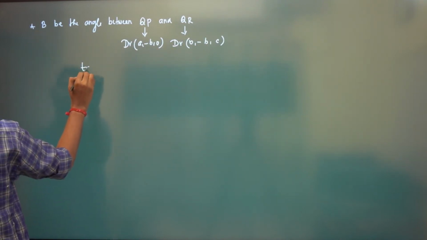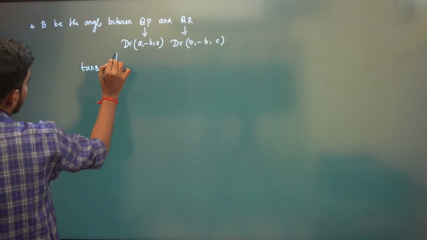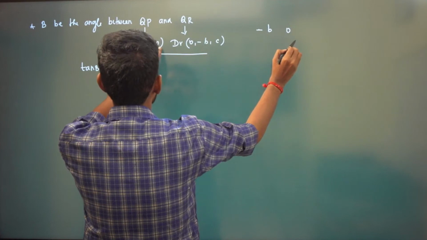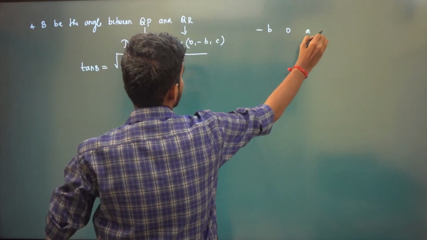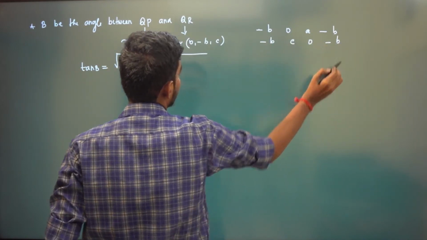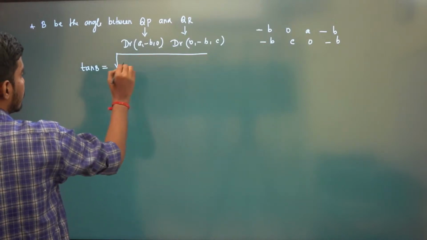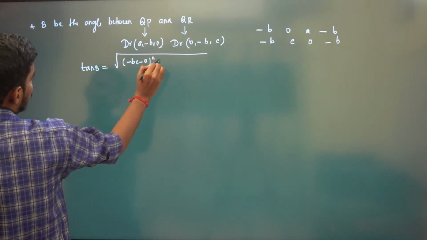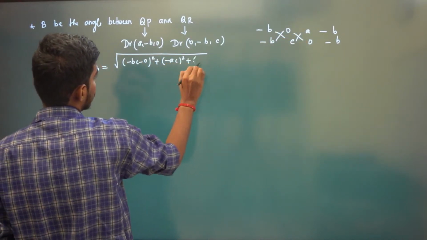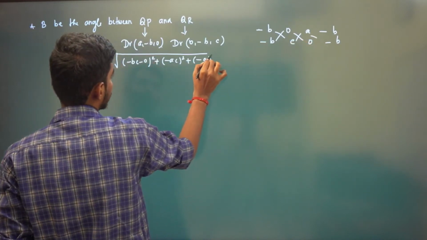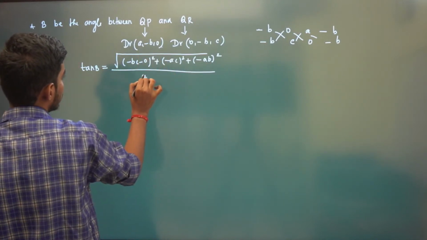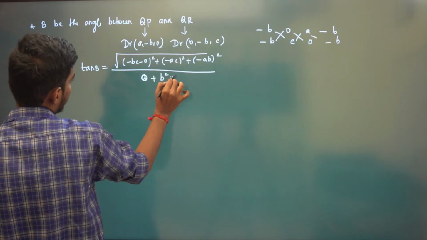So what about tan B? Square root of, so we just have to write it in this order: minus B, 0, A minus B, minus B, C, 0 minus B. So it will be minus BC minus 0 whole square, minus AC whole square, minus AB whole square, divided by A1 A2 plus B1 B2 plus C1 C2.